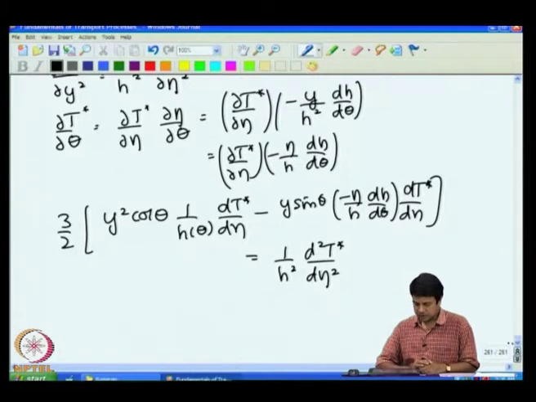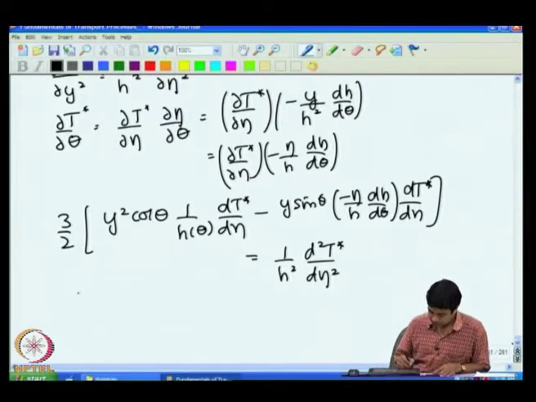So, this is the equation that I get, and I can multiply throughout by h square and substitute in for y in terms of eta, and I will get eta square.